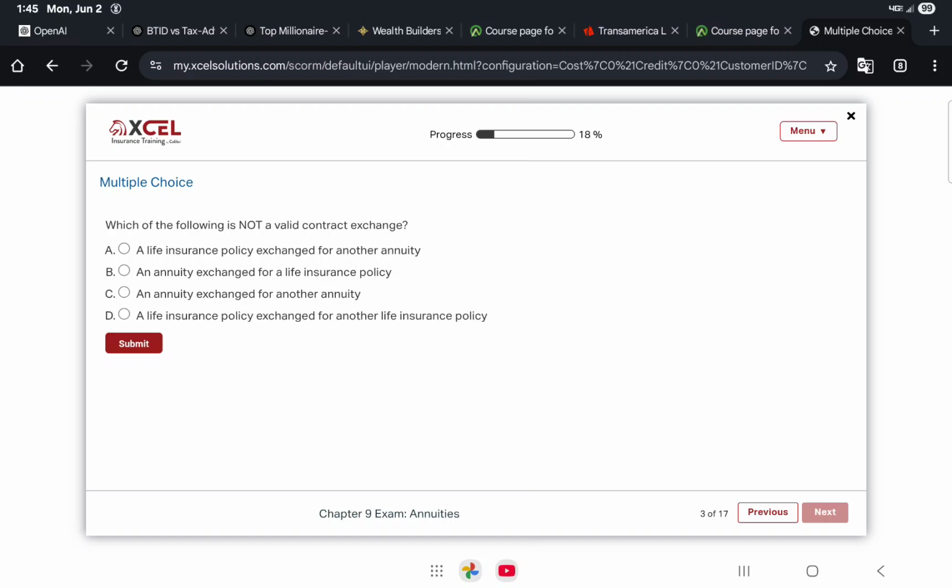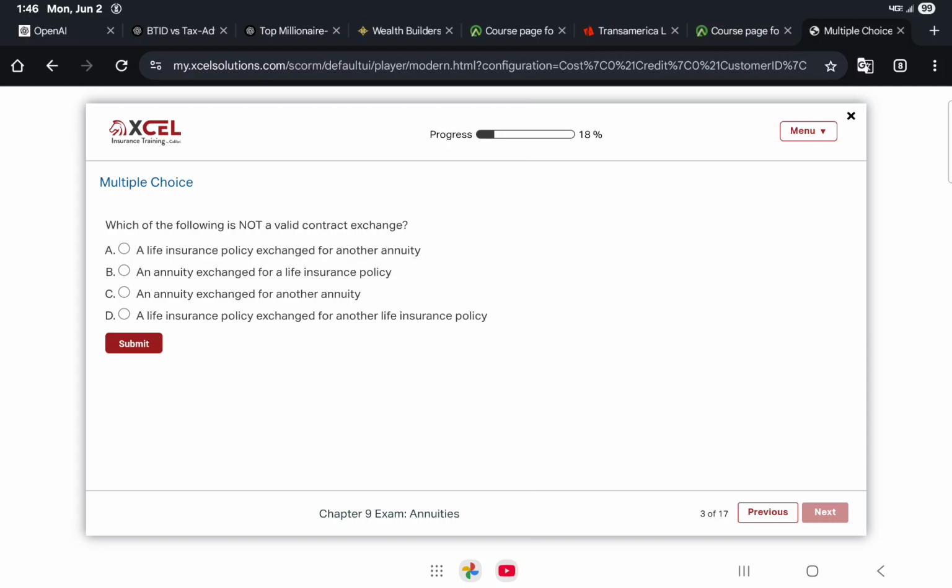In this case, a life insurance policy exchange for another annuity, an annuity exchange for a life insurance policy, an annuity exchange for another annuity, a life insurance policy exchange for another life insurance policy. So if you look at C and D, an annuity to an annuity, that is like to like. Apples to apples, orange to orange. So those two are not going to be the answer.